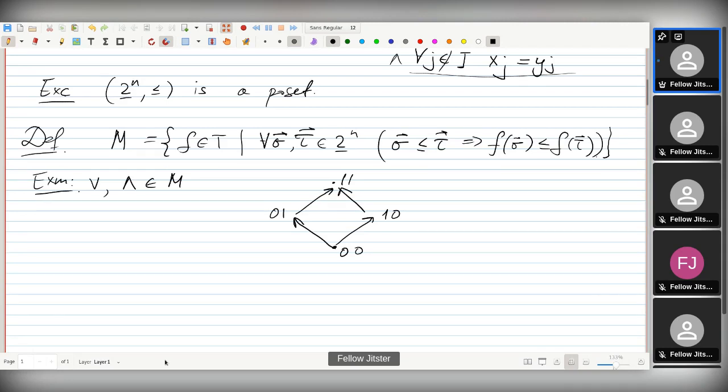So a function is monotonic if and only if it doesn't take value 0 at an upper point than any point where it takes 1.